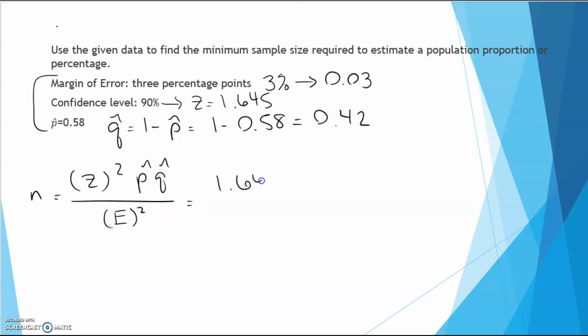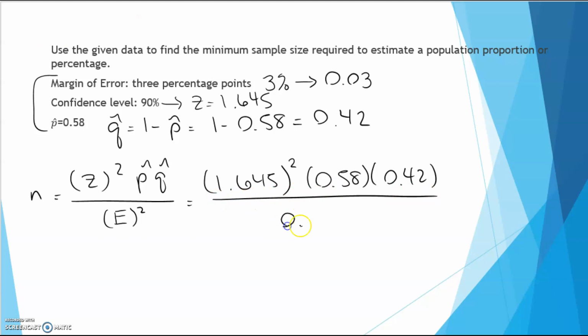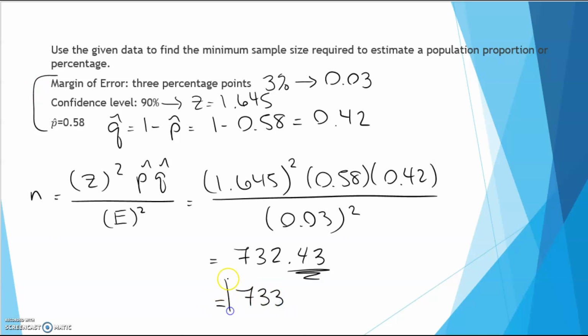So that's 1.645 squared times 0.58 times 0.42 divided by 0.03 squared. Now for this number I get 732.43. Again, because it comes out to a decimal, you got to round up to the next larger number. So 733 would be your final answer.